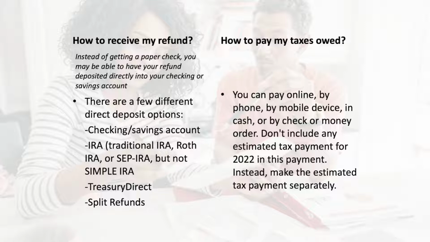There's also a few other options you can choose from. You can have it go directly into a traditional IRA, a Roth IRA, a SEP IRA, but not a SIMPLE IRA. Also, you can have it directly deposited to Treasury Direct, or split refunds between the spouse or two or three other people.